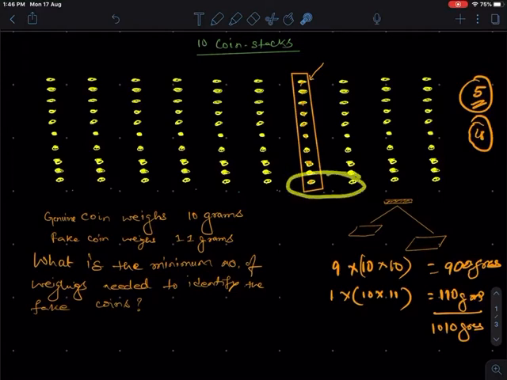So now we can do 2 groups each and compare them. This will be one more comparison, and say I compare this and this, so I'll know the fake coin belongs to this or to this. I don't have to do 2 comparisons here. I can just pick randomly any 2 groups.